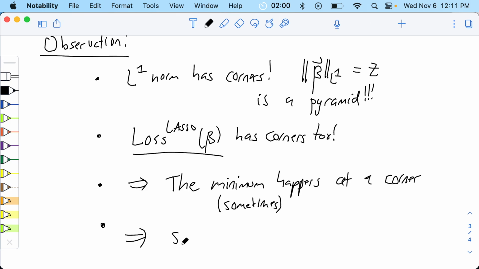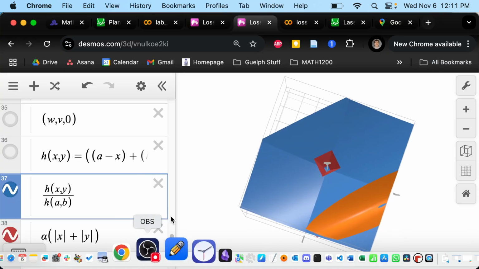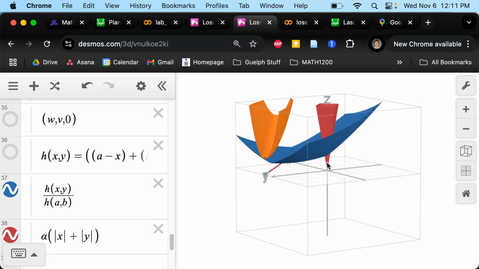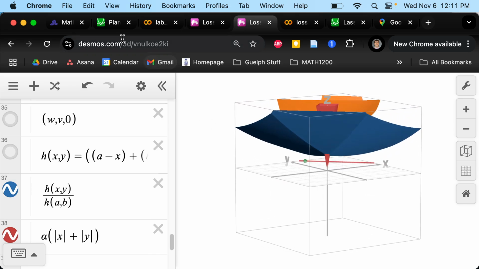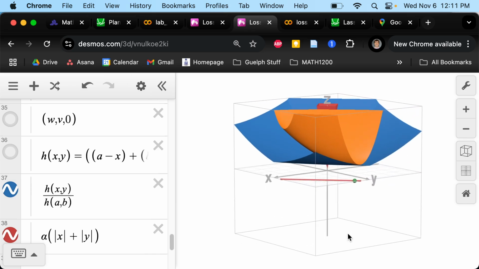Therefore, some variables are 0 when on a corner. Okay, so that's the observation. This is sort of like a picture explanation of why the lasso is doing things. It's because of these corners, and the reason there are corners is because the L1 norm is a square or a diamond, and a diamond has corners.